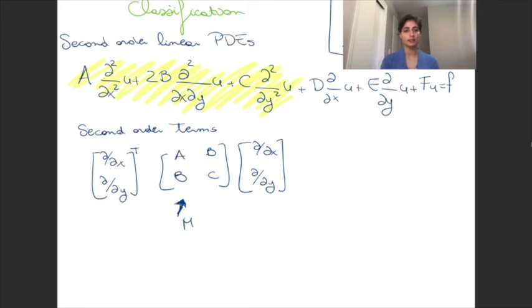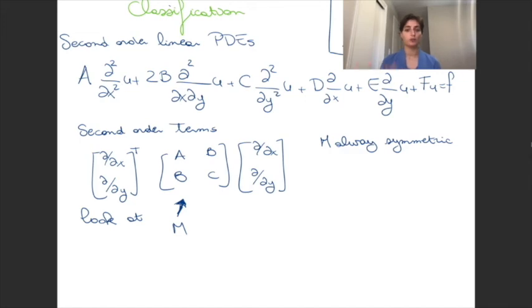So we can write these second-order terms in this fairly odd way as a matrix product. We are looking at a vector of partial derivatives times a matrix of coefficients times another vector with the same partial derivatives. And we look at the center matrix and we talk about this matrix M in order to determine the behavior of our PDE.